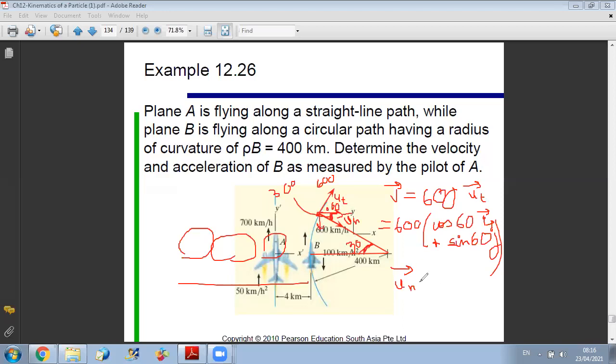So I can replace UN by cosine 30 I and minus sine 30 J. Okay. Any question on this?